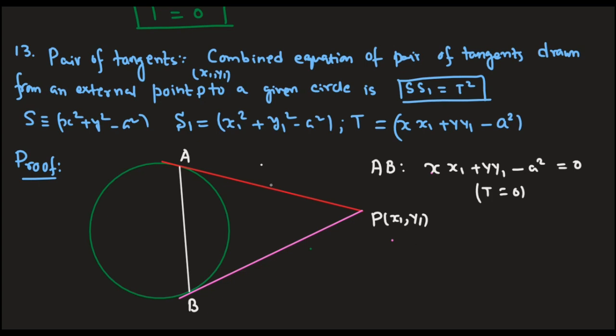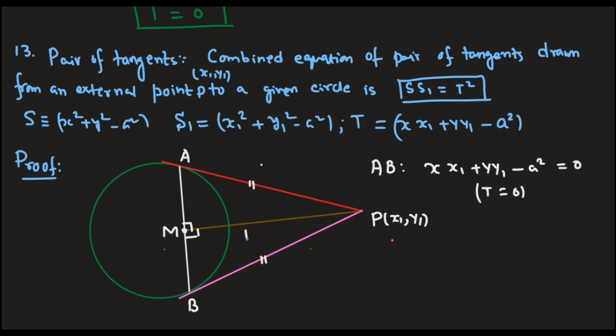Is it clear? Now next, I am going to join the midpoint and the vertex, because it is an isosceles triangle. So if you join the midpoint of this chord, which I call M, with the point P, these are isosceles triangles, so these two are equal.